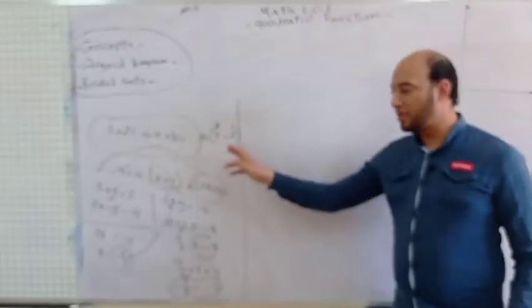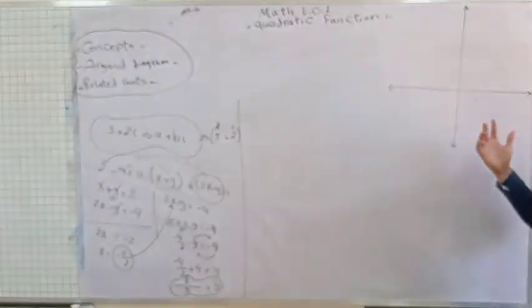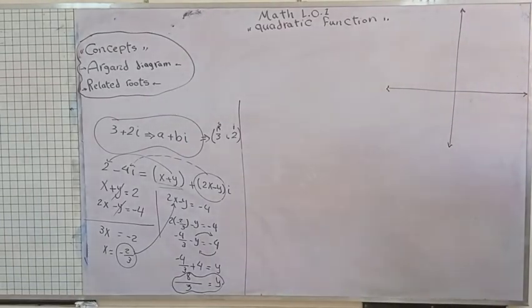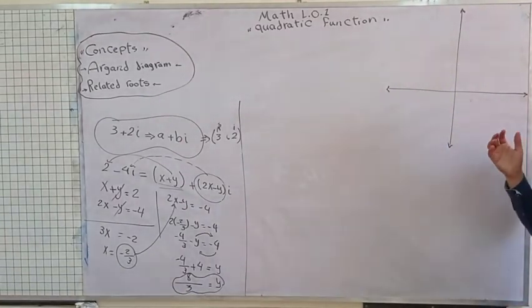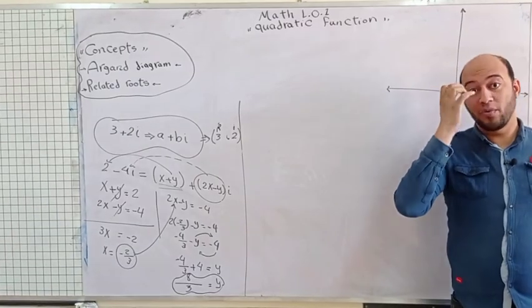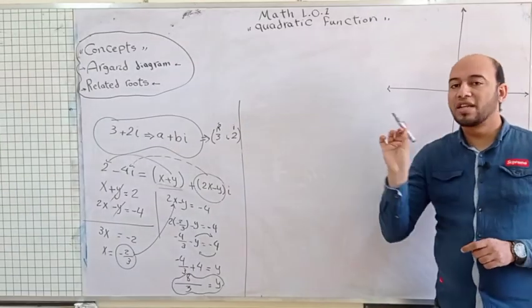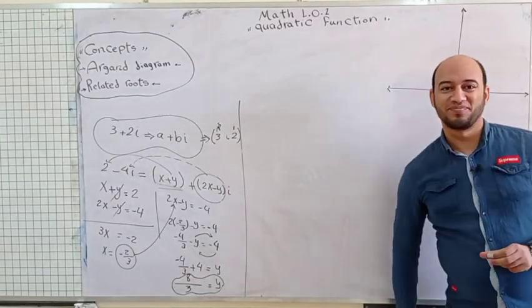As this ordered pair, we can represent it in this diagram, the Argand diagram. Then the Argand diagram is a way to represent a complex number by a point.